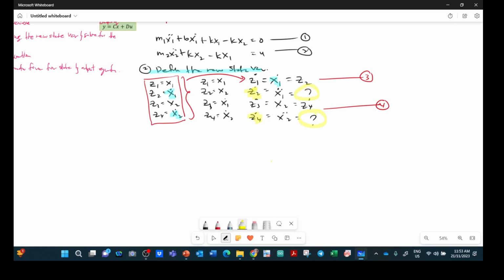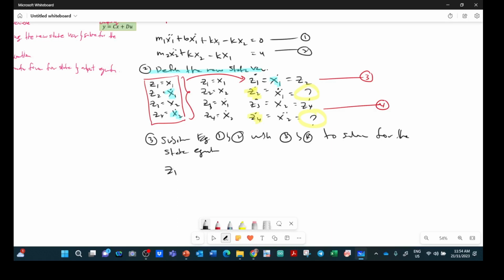I will just write it, and you do it as well. After you substitute it, make sure you leave it with Z2 dot and Z4 dot. Get the equation. Number 3, substitute equations 1 and 2 with 3 and 4 to solve for the state equation.